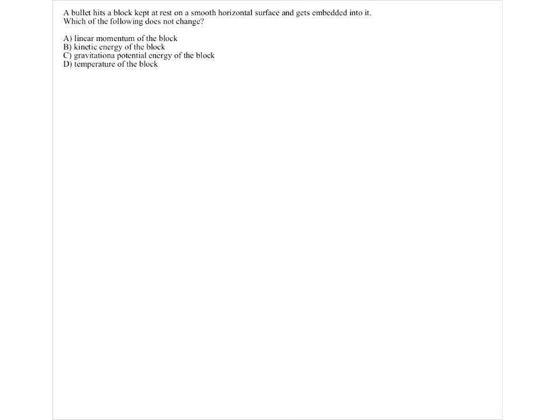Because the surface is smooth, the block will have to acquire some speed. Linear momentum of the block has to change. Bullet plus block system, linear momentum would not change, but for block alone, yes, it will change. Block had 0 speed, now it has got some speed, kinetic energy will change. Height is not changing. C is correct.